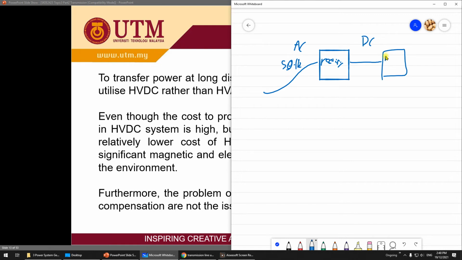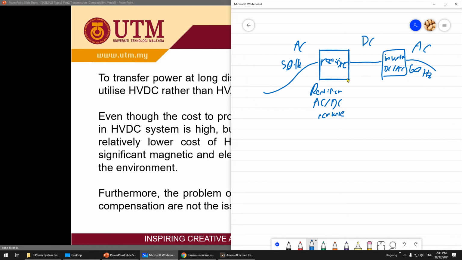Inverter is basically DC to AC, and then it becomes AC 60 Hertz. So this one is basically the rectifier, basically an AC to DC converter.